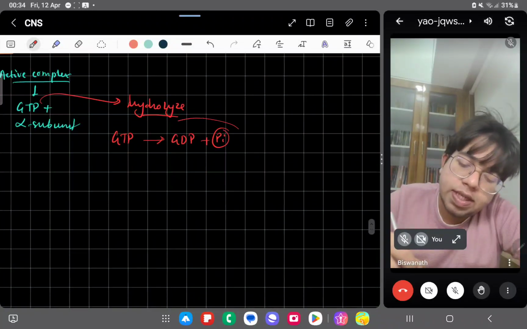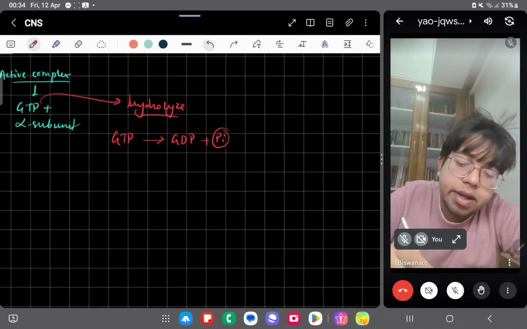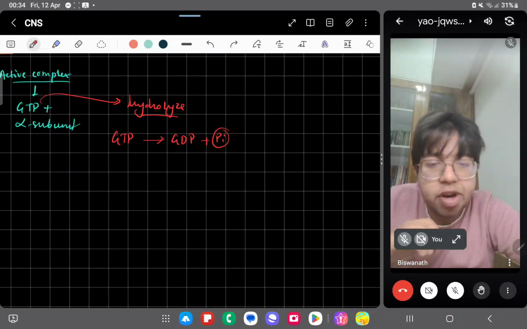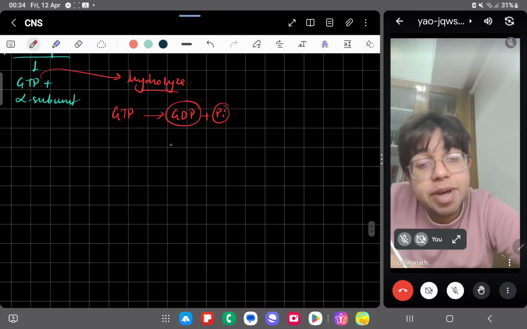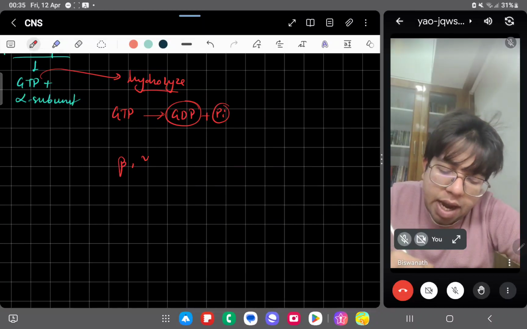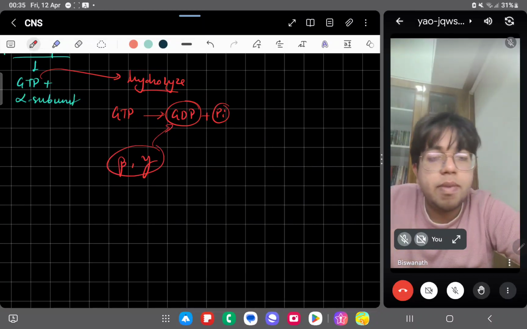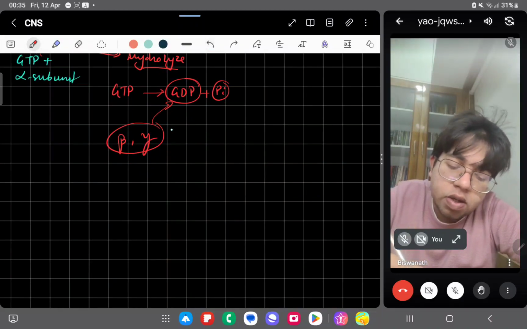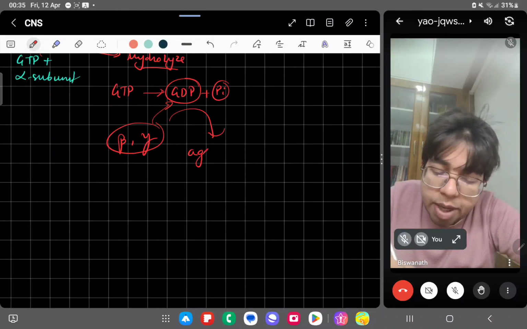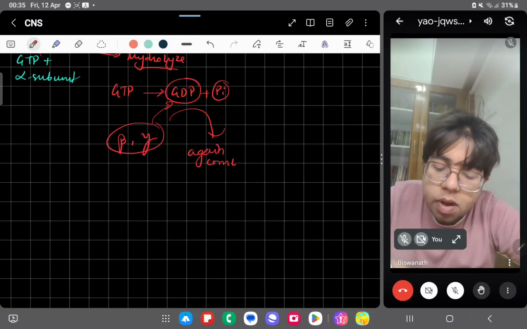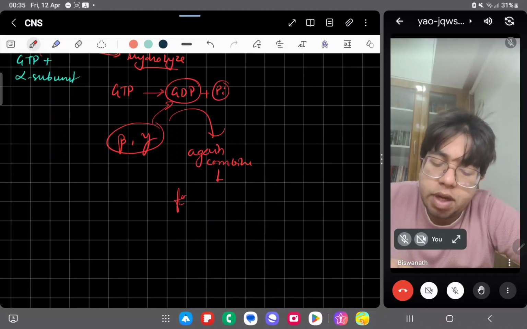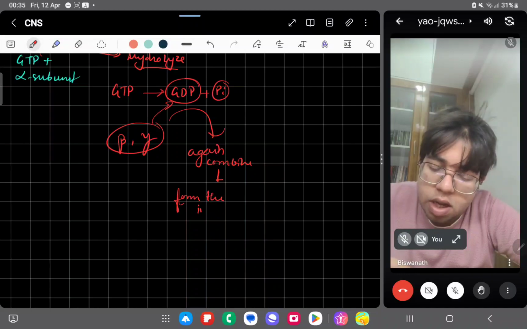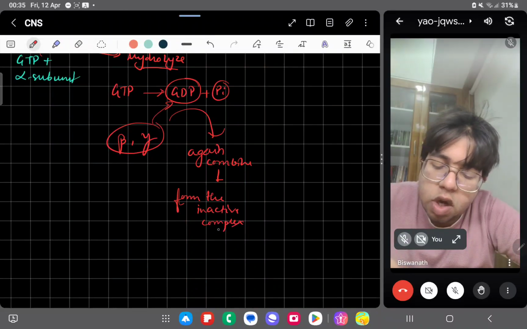Okay, so this GDP will be bound now. And GDP, who loves GDP? Beta and gamma. This will again get bound. So it will again form the inactive complex. So this beta and gamma again combine and form the inactive complex.